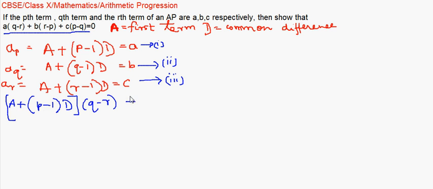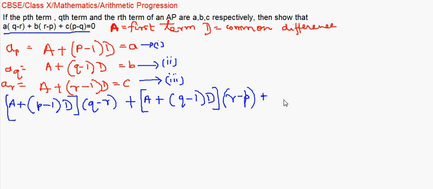The second says it is b. I can replace b with the second equation, A plus (Q minus 1) D, multiplied to (R minus P). Similarly, we'll take the third equation to replace c, so it gives you A plus (R minus 1) D multiplied to (P minus Q). Now we have to solve this and see if it's giving us a 0 or not.